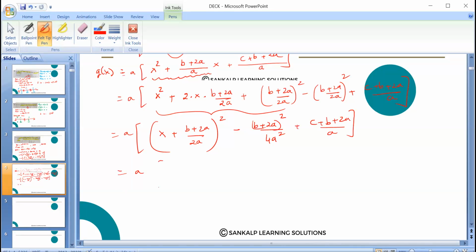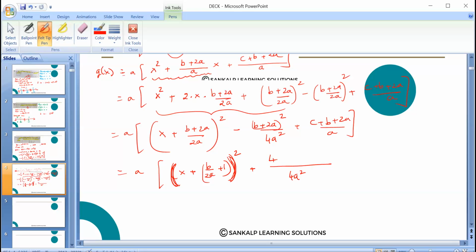Or I can write A into X plus B by 2A plus 1 whole square, plus denominator 4A square.